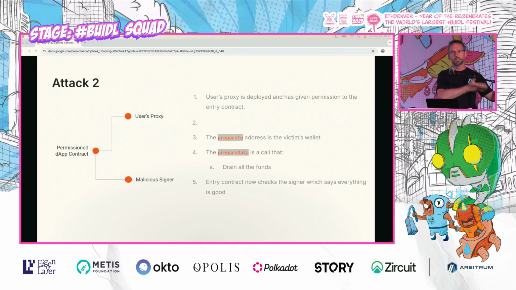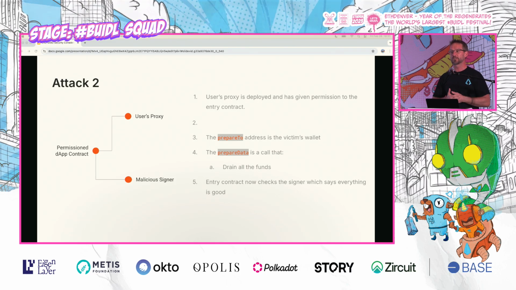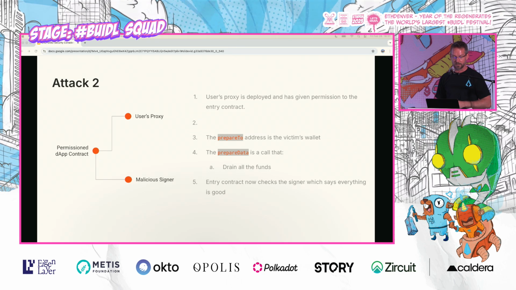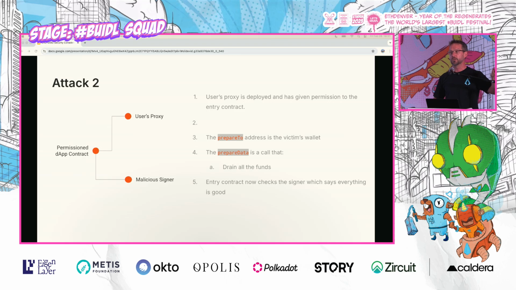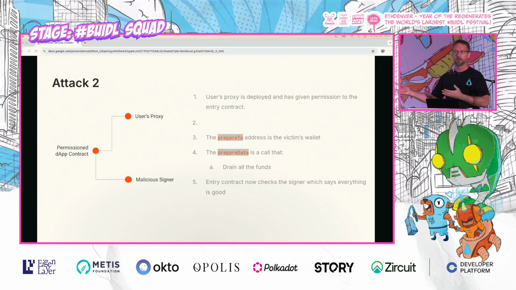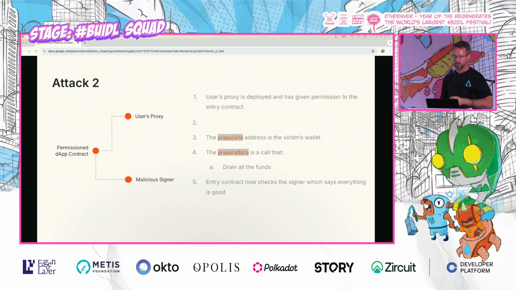And now the malicious signer is going to say, hey, that signature looks good because I've already got the funds. And the attacker can steal and drain the wallet of any user using this system without even having to use 6492 patterns. They can just take their own 1271 signature.